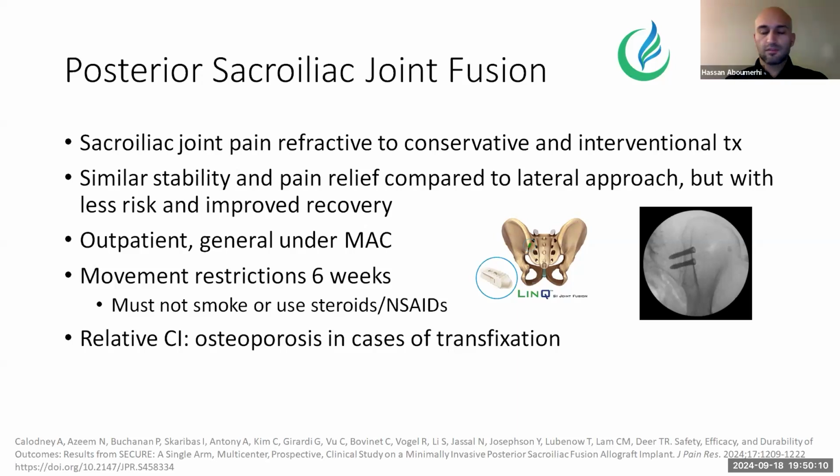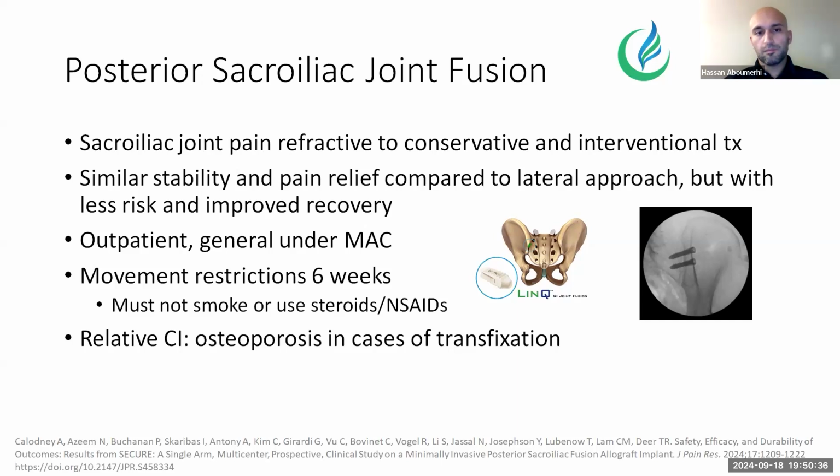And again, after maximizing conservative therapy, usually we would do SI joint injections, and when those wouldn't work in the past, spine surgeons could offer what's called a lateral fusion, where they come in from the side with like 3 large triangular rods. But that procedure, although it works, it tends to be morbid, and then patients have to be non-weight bearing for at least 6 weeks.